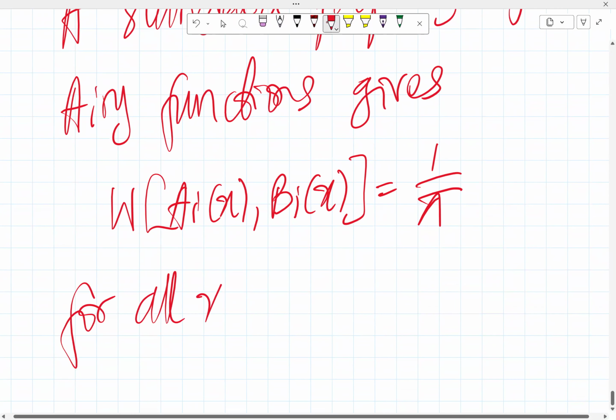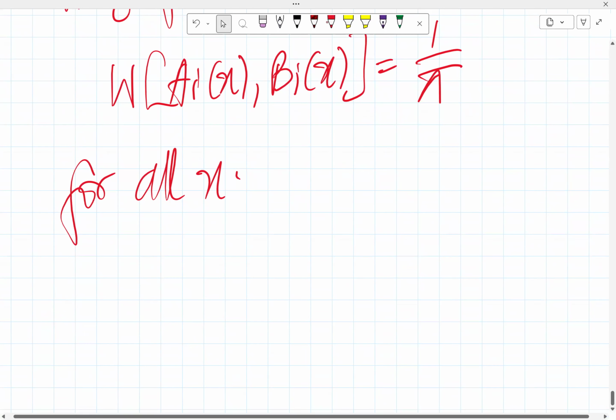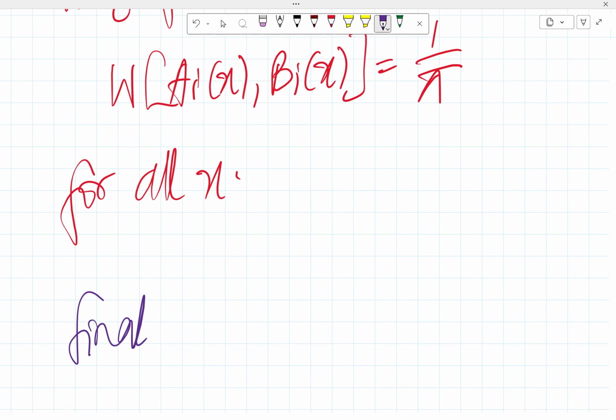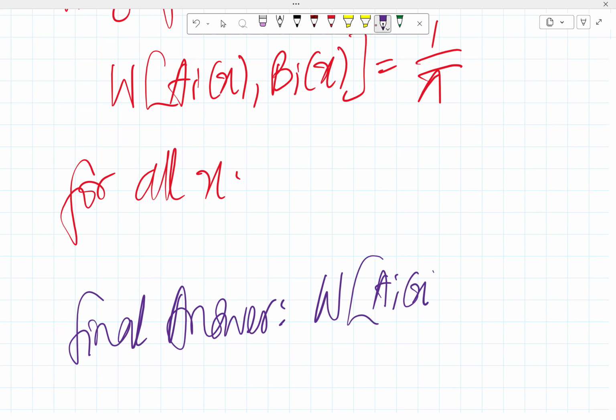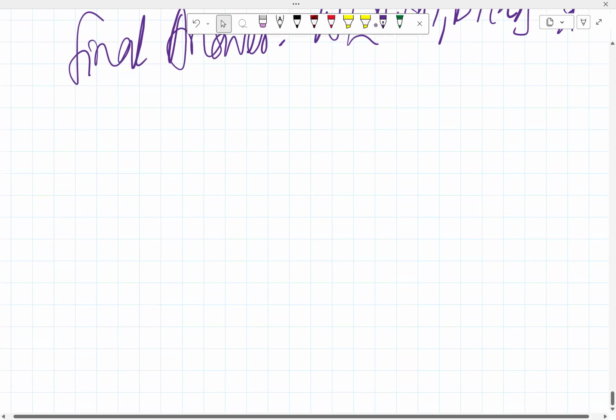So the final answer is that the Wronskian of Ai(x), Bi(x) is equal to 1 over pi. So that goes. Now we move on to the next one.